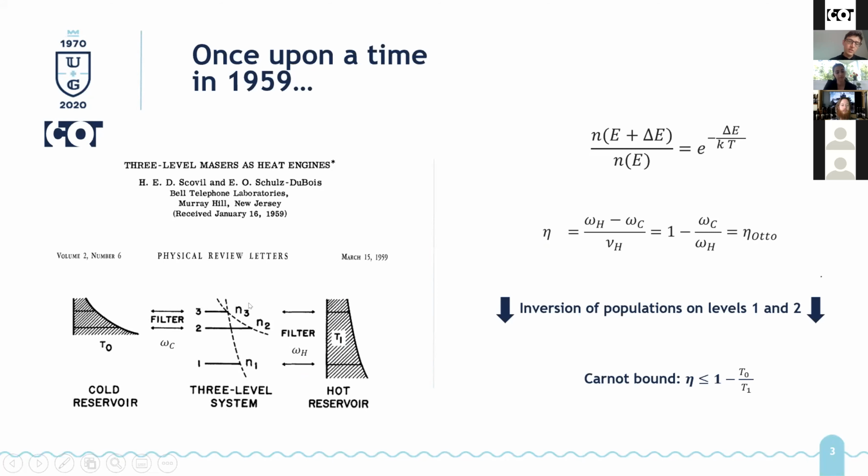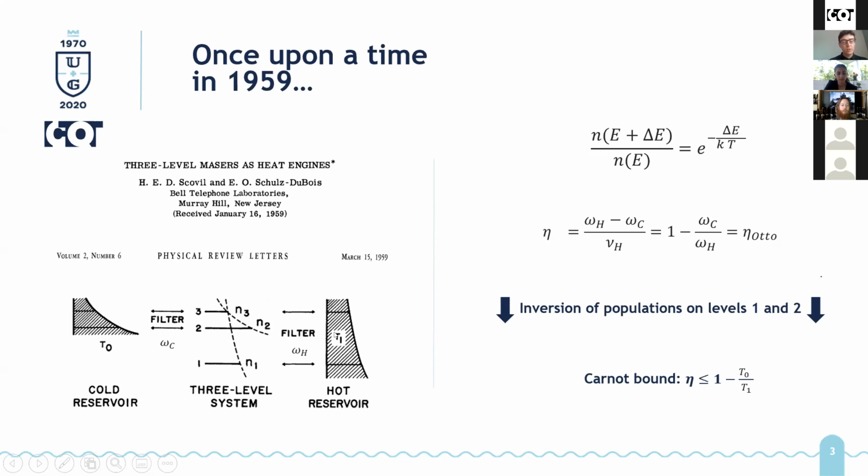Because this is supposed to work in thermal equilibrium with the baths, the ratio between the populations of level 3 and level 1 in the steady state would just be given by the Boltzmann distribution corresponding to the hot temperature.